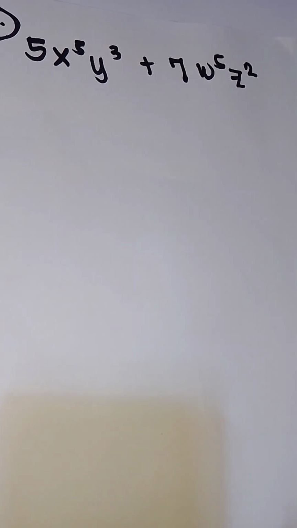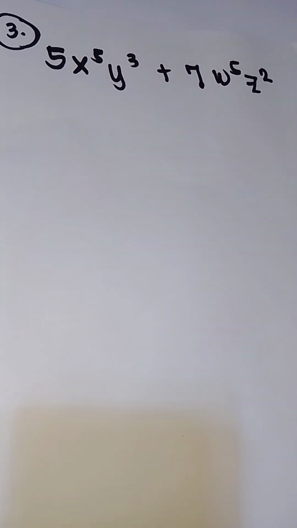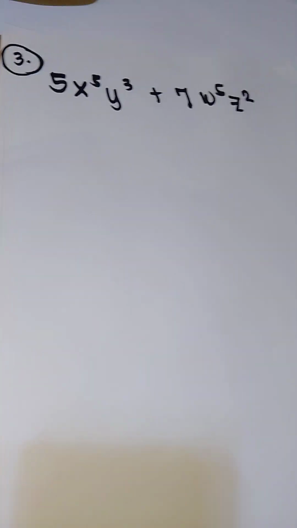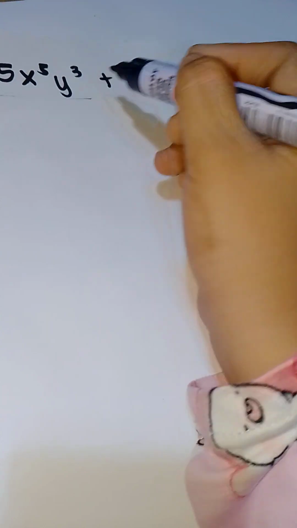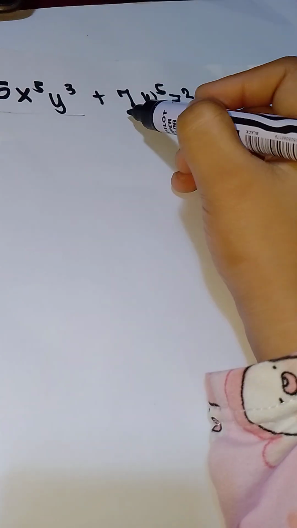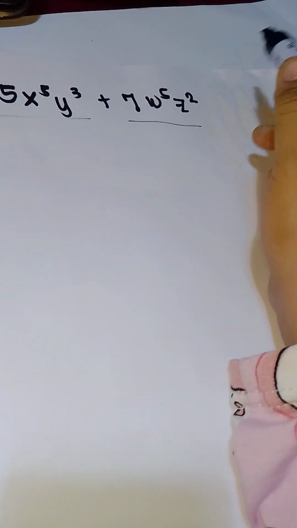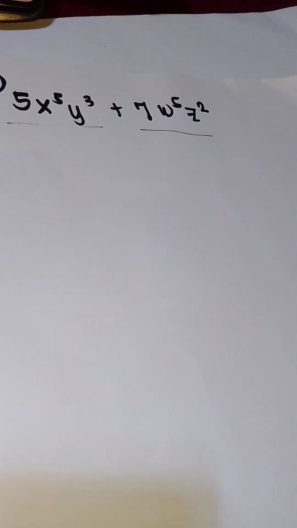Last example, we have 5x raised to the power of 5, y raised to the power of 3, plus 7w raised to the power of 5, z raised to the power of 2. We're going to factor this if possible. Let's first identify the terms. We have 5x^5y^3 and 7w^5z^2.